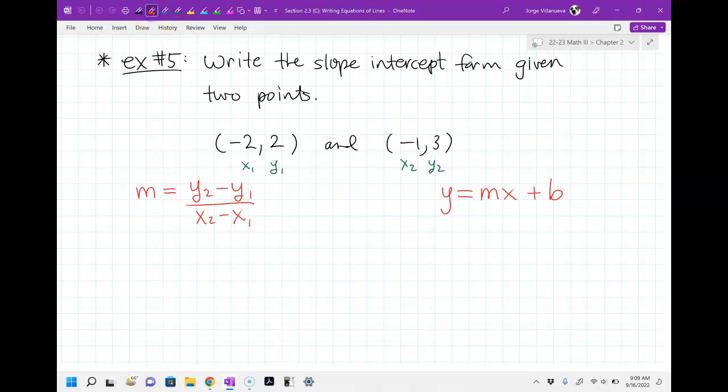So here we go. M equals y sub 2, that's 3, minus y sub 1, that's 2, over x sub 2, and actually I should put this in parentheses to follow my own suggestion to you guys. Always put the second number that you write in parentheses. On the bottom, x sub 2, that's negative 1, minus x sub 1, that's negative 2.